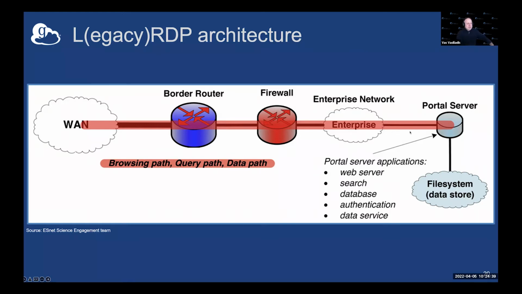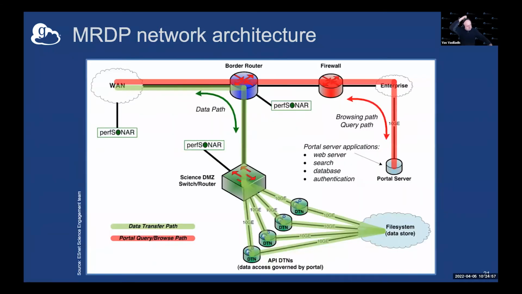So you've got enterprise traffic, as you would expect. It's an enterprise network, and it's certainly not tuned or optimized for moving research data, which has a very specific profile.